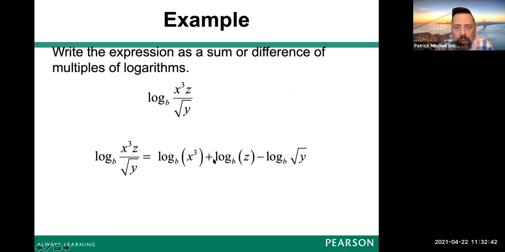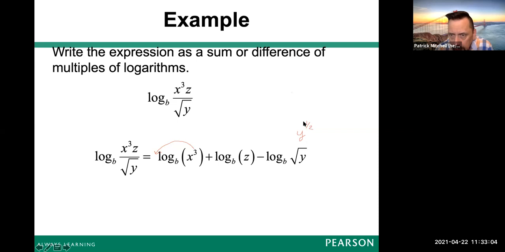And then finally, we're going to use our power property. We're going to take this 3 and we're going to go, all right, and then remember that this thing here can also be written as y to the 1/2.